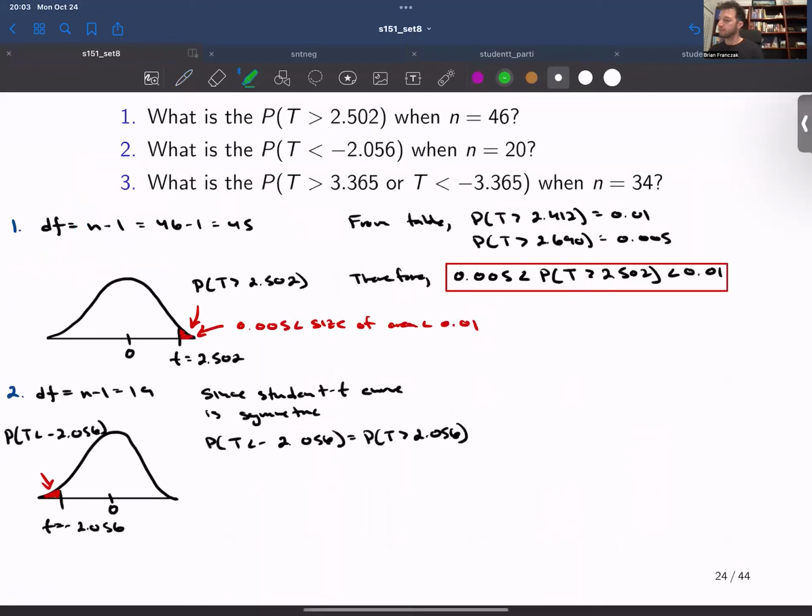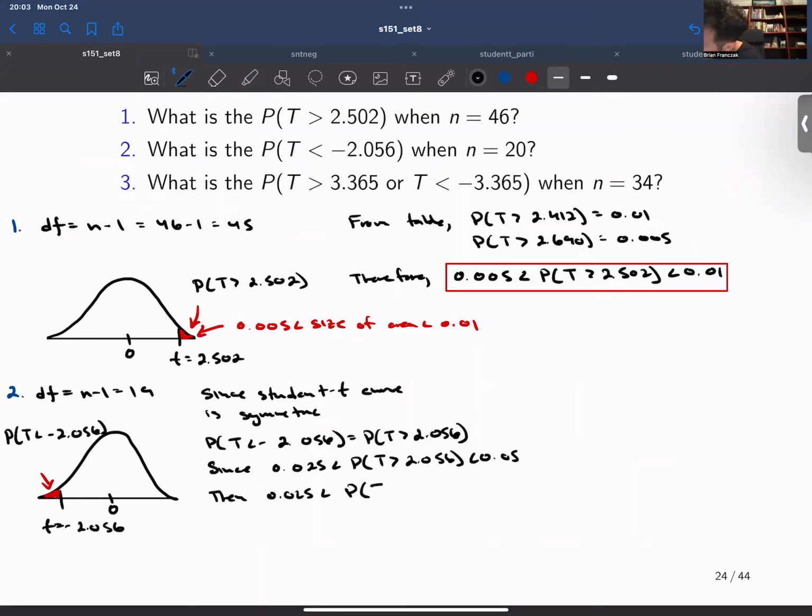Okay, so here I can say, since 0.025 is less than the probability T is greater than 2.056 is less than 0.05, then 0.025 is less than the probability that T is less than negative 2.056 is less than 0.05.